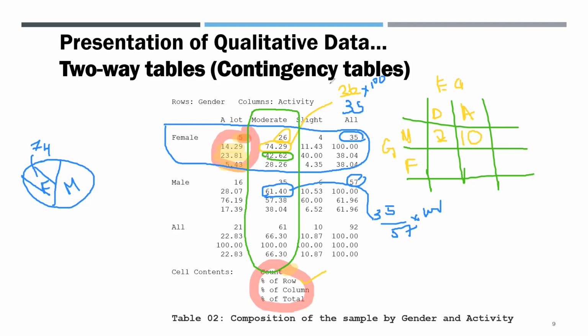Now in the column percentages, first the sample divides according to the activity level: lot, moderate, and slight. And then among moderate, we divide into male and female, right?